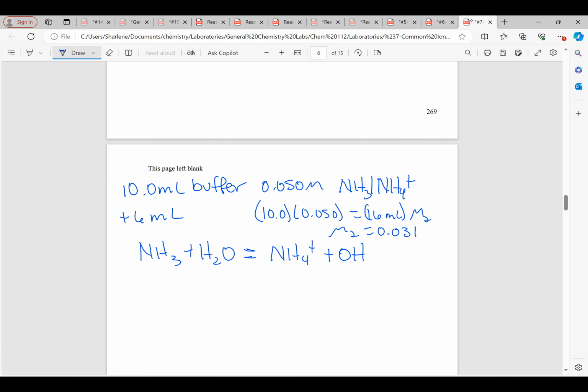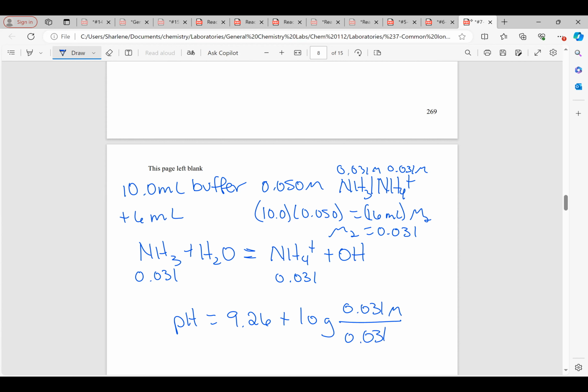Of this one and this one, because when you dilute one, you automatically dilute the other. So 0.031 and 0.031. Guess what? The pH is 9.26 plus the log of 0.031 molar divided by 0.031 molar.